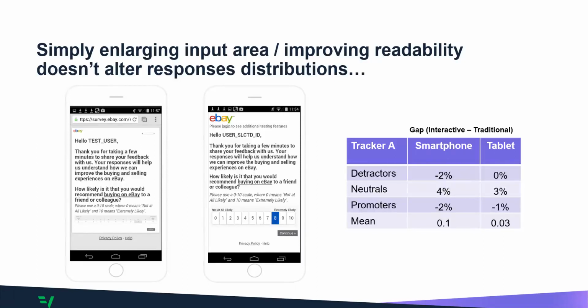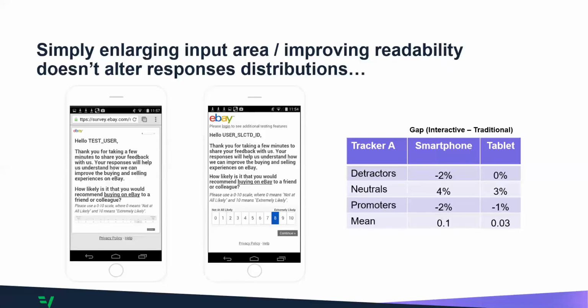The position of the input areas is pretty much the same. And it's still a point and click task, and that's all it is. And what we found in cases like this is that the resulting data distribution is pretty similar between both versions and not really significantly different.